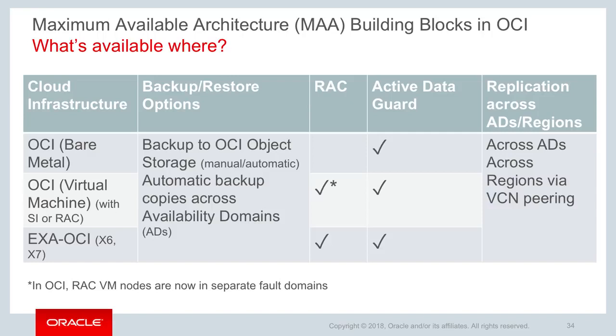For our database system components such as bare metal and the virtual machine, whether it is a single instance or a rack, or the Exadata cloud service on OCI, we allow database backups to object storage, which is either manual or automatic. And note that these automatic backups are copied across the availability domains within a region.